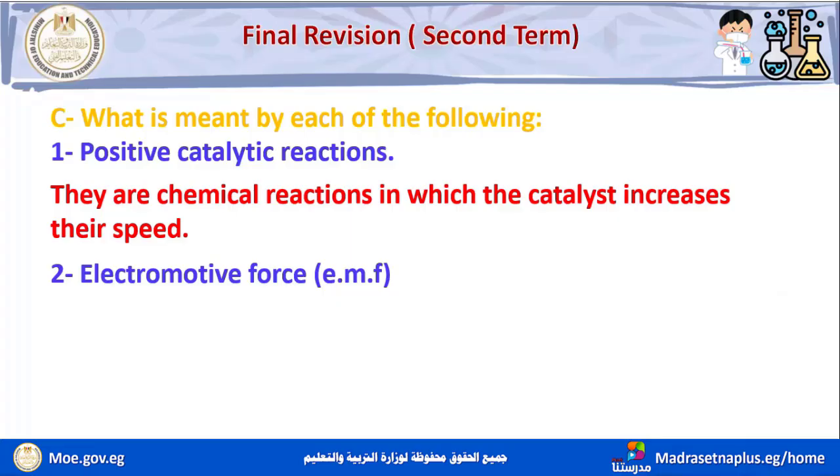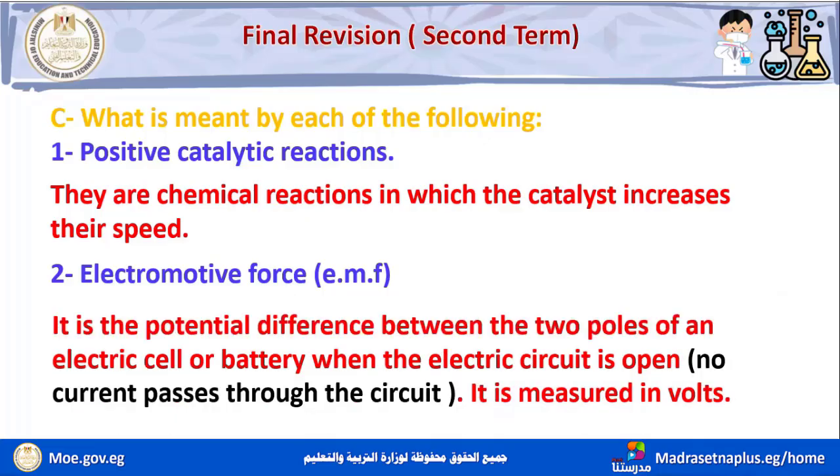Number 2, electromotive force, EMF. It is the potential difference between the two poles of an electric cell or battery when the electric circuit is open, or no current passes through the circuit, and it is measured in volts.